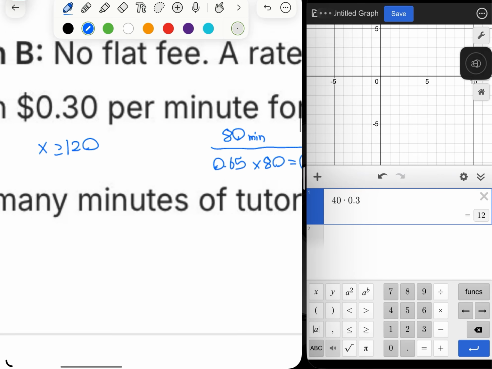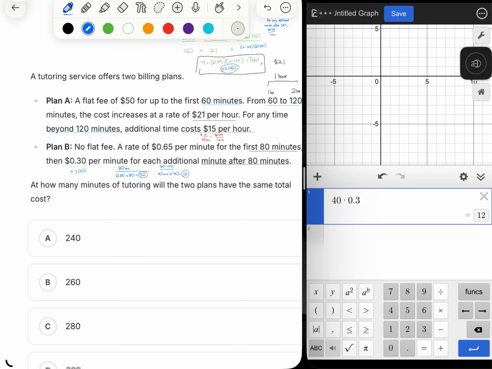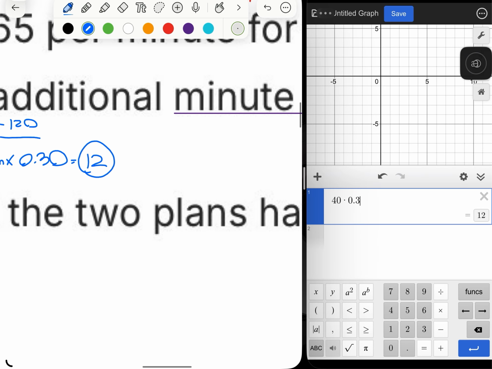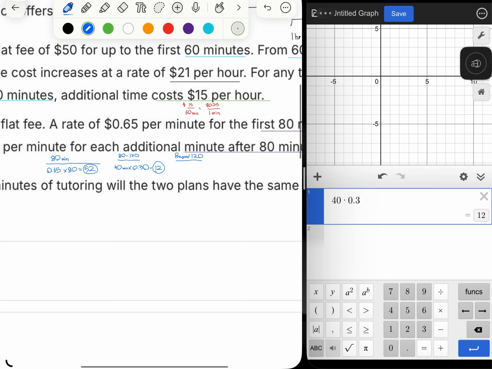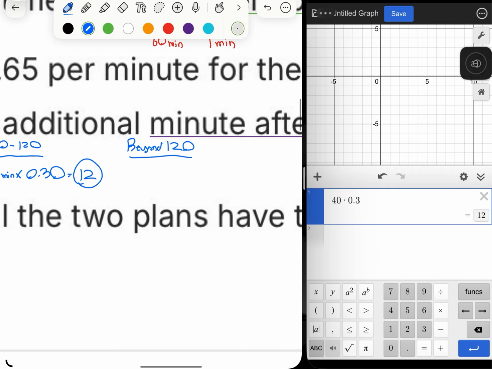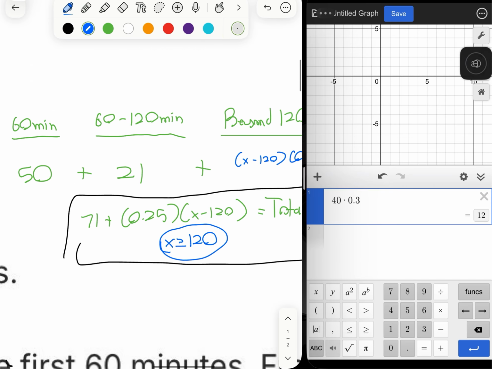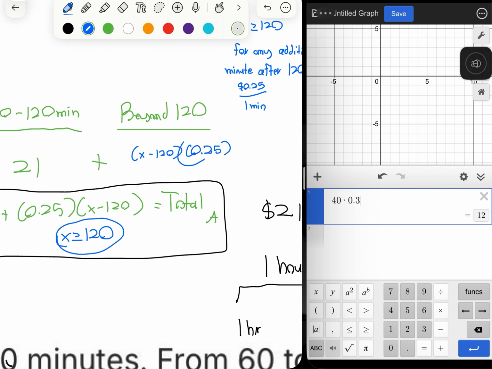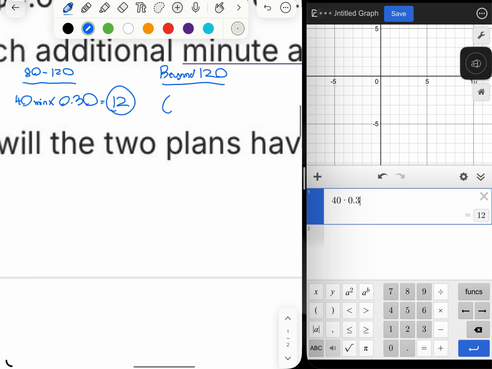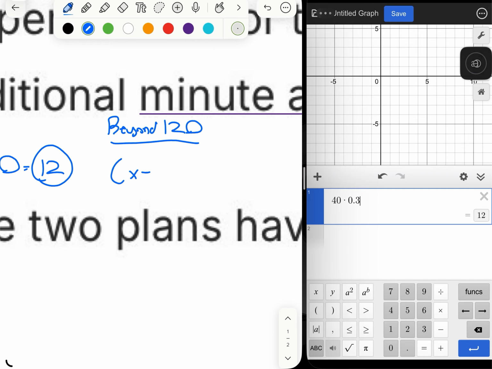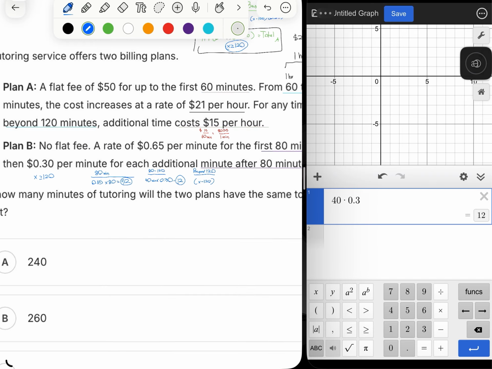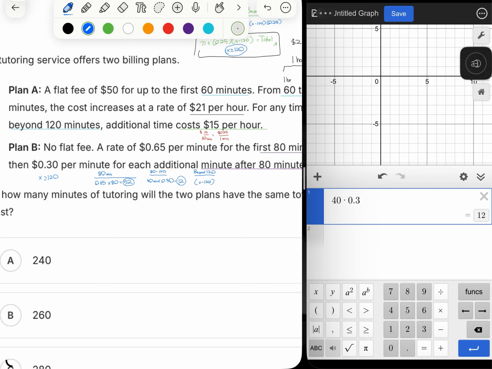And now, what about the minutes after 120? I'm going to call this beyond 120 again. For the minutes beyond 120, you're going to do the same exact thing. Here we said x minus 120 times the unit cost. How much does each minute contribute to the cost?